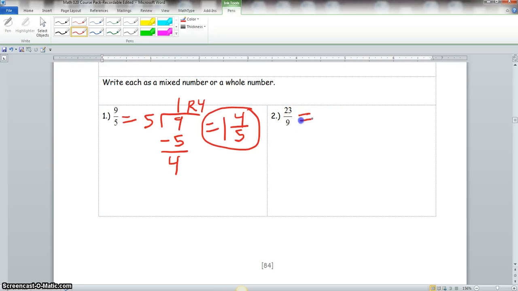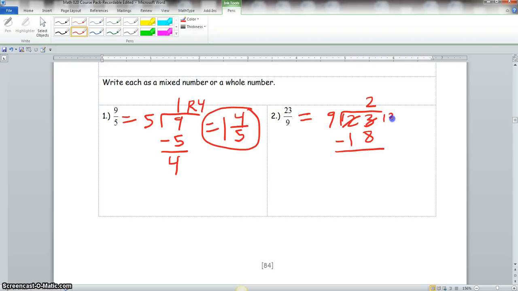Now we go here to number 2. You would take 9 into 23. 9 goes into 2 0 times. 9 goes into 23 twice. 2 times 9 is 18. So we add 23 minus 18. We know we cannot subtract 8 from 3. So we'll borrow 1 from this 2.